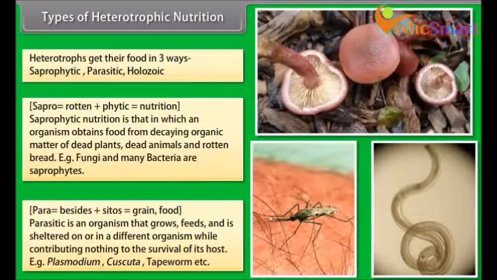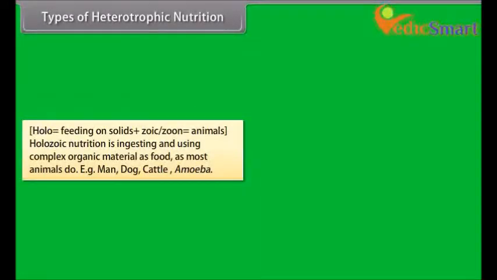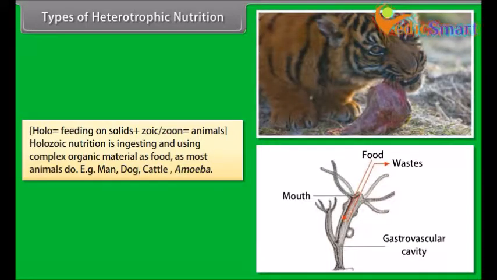That is, Plasmodium, cuscuta, tapeworm, etc. Holo means feeding on solids, and zoic, zoon, means animals. Holozoic nutrition is ingesting and using complex organic material as food as most animals do, that is man, dog, cattle, amoeba.